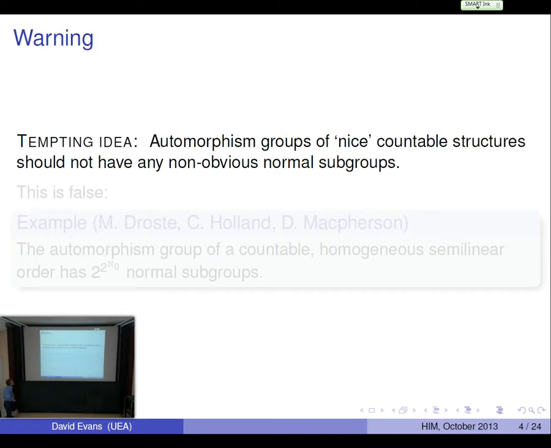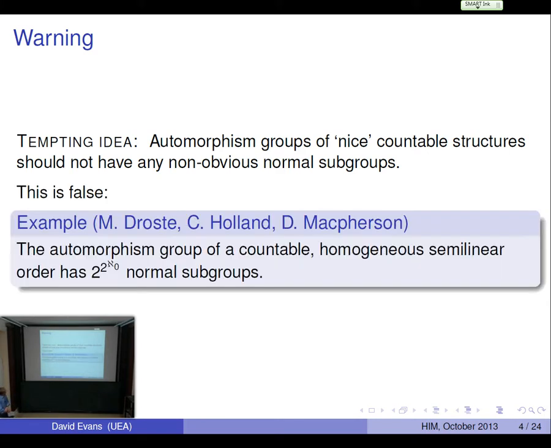It's tempting, perhaps, to believe that things are too nice. So you might believe that automorphism groups of nice countable structures shouldn't have any sort of non-obvious normal subgroups. But there's this example of Manfred Droste, Charles Holland, and Dugald Macpherson: take a countable homogeneous semilinear order.